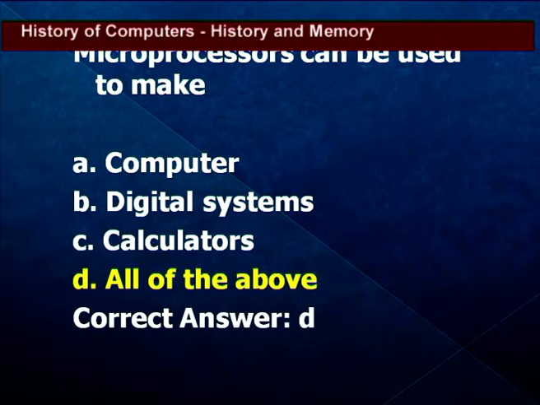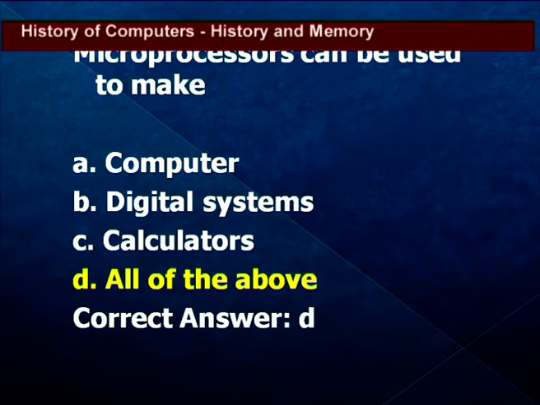Microprocessors can be used to make, microprocessors means mini processors. Mini processors can be used to make computers, digital computers and calculators. A computer consists of different parts, right: the monitor, CPU, keyboard and mouse.